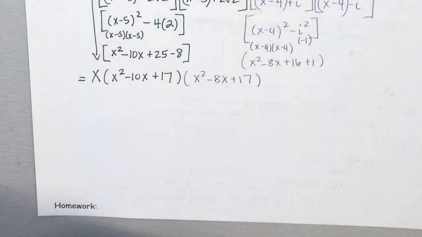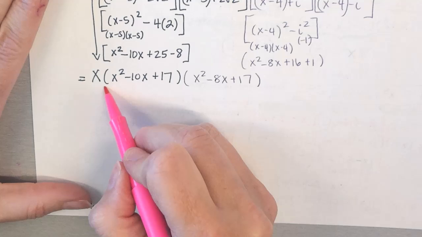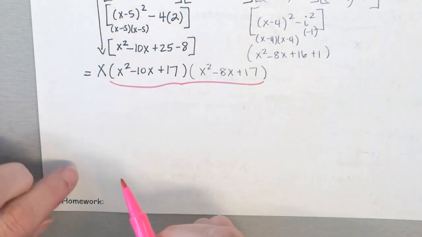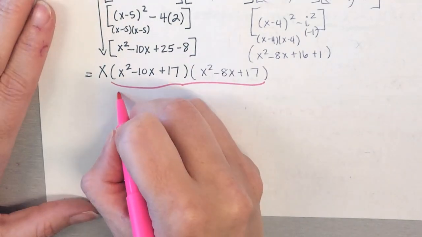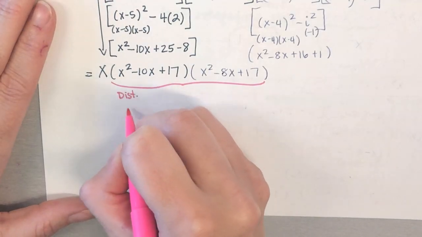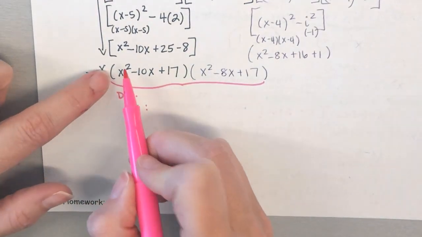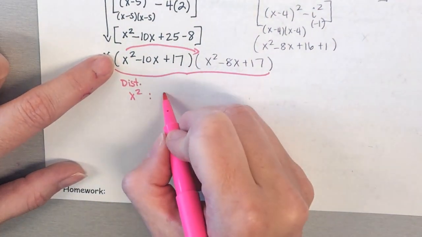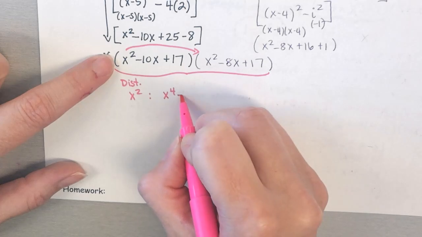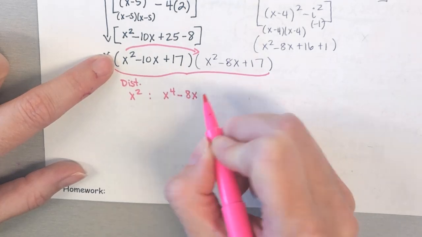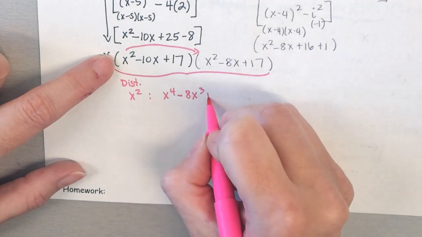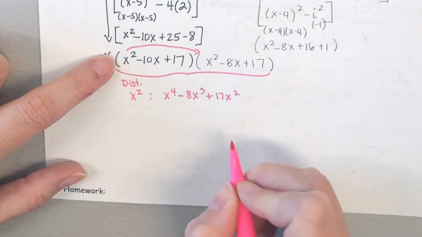All right, so when you do this one here, when you are going to multiply those two together, I like to do this one at a time. So if I distribute the x squared to everything behind it, I'm going to get x to the fourth minus 8x to the third plus 17x squared.